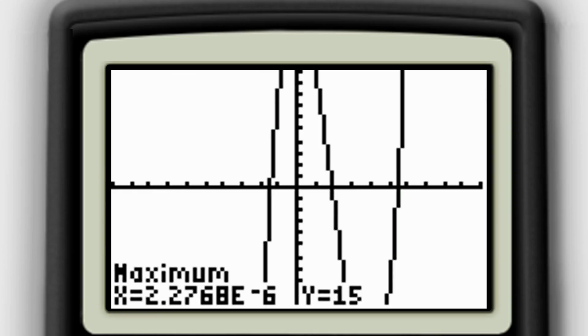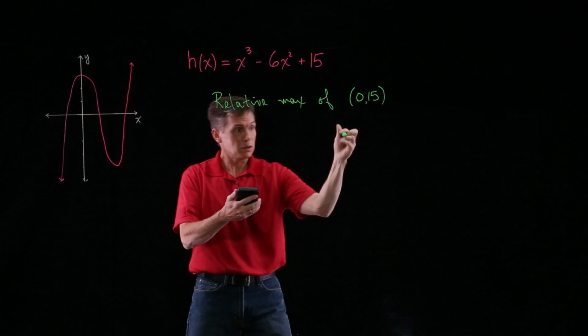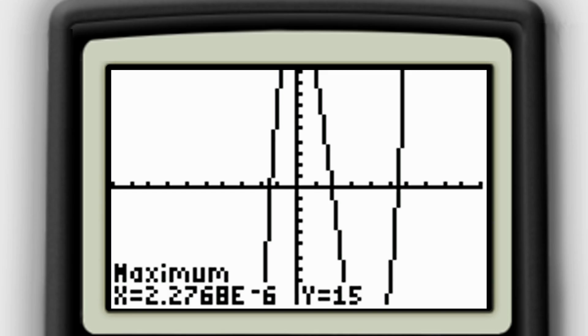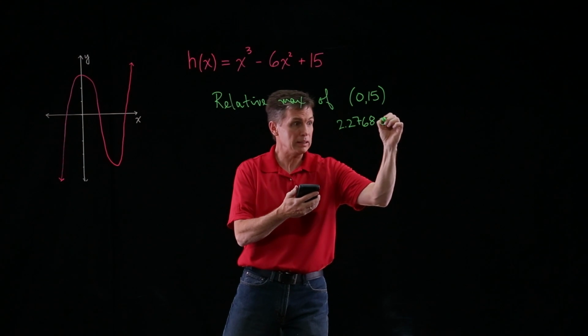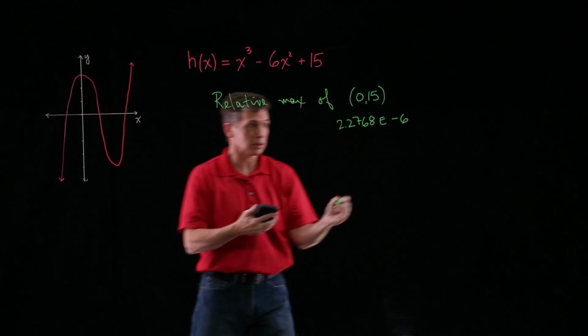And my graphing utility is actually giving me a value of, be careful, mine's scientific notation. It says 2.2768, and then you might see that E for exponential, and mine says -6.